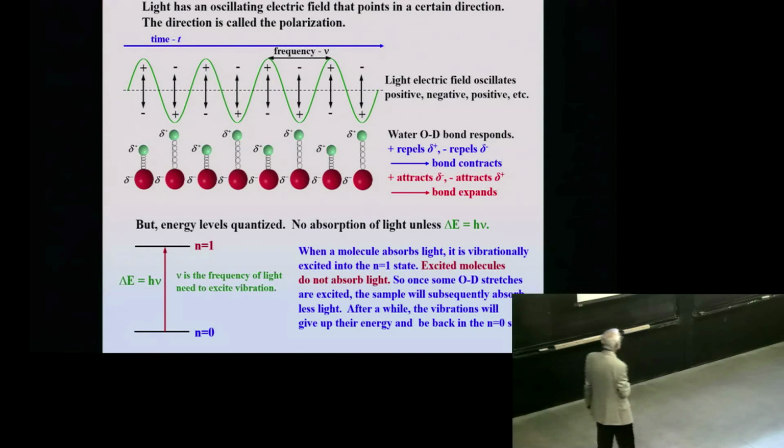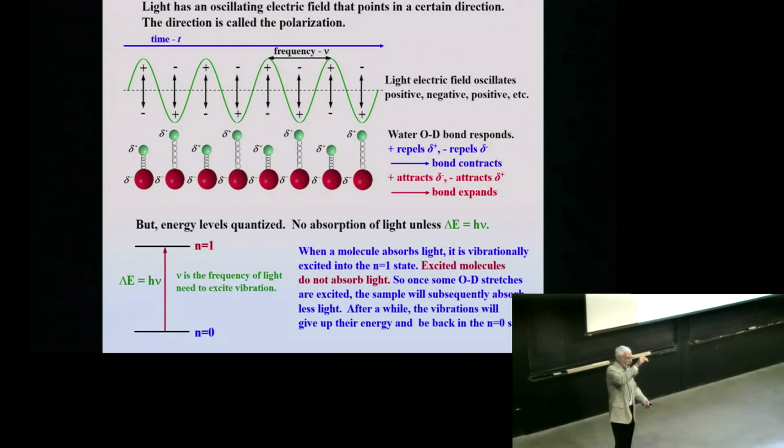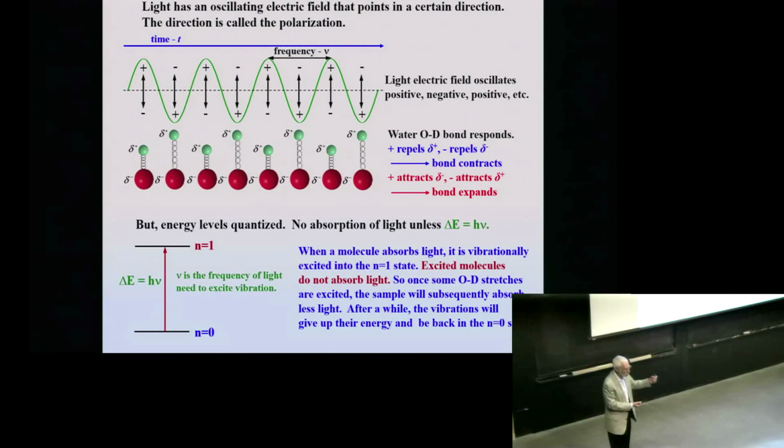Okay, so here's the big deal. When you're down here and the molecule isn't vibrating, and you shine some light on this thing, it can absorb some of the light and start vibrating. Now, once it's up here, this particular molecule has already absorbed that light, so it doesn't absorb any more light.